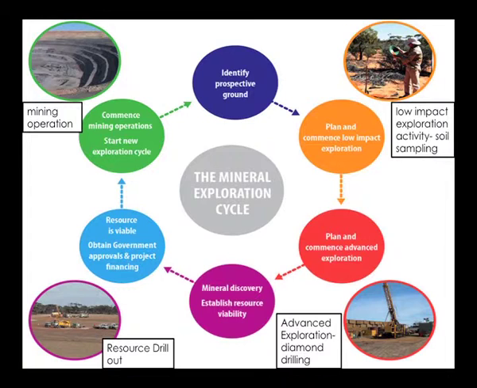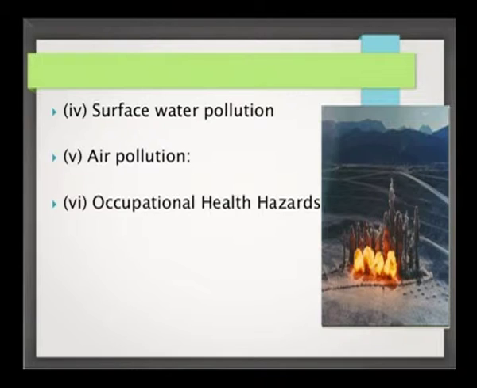But that can be done only if the closure, operation as well as construction is done based on certain norms that have been declared by the environmental authorities. And when reclamation is happening and the monitoring phase is happening, it has to be done in an appropriate phased manner. Now, if you look at the different problems that you face, you have surface water pollution, air pollution and occupational health hazards.